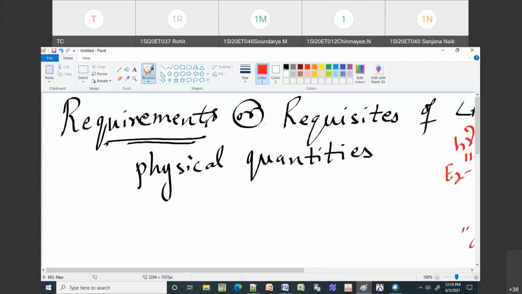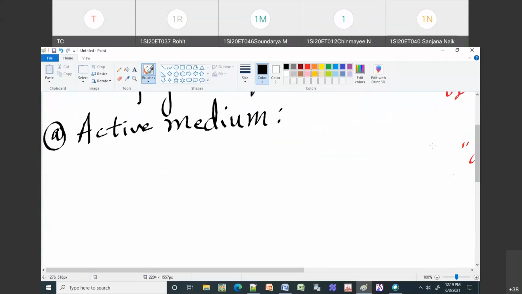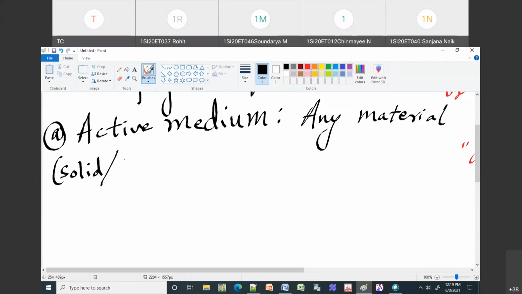So the first thing you need is what we call the active medium. Active medium is the first requisite of your laser. What is the meaning of active medium? It is any material. It can be a solid, a liquid, or a gas.